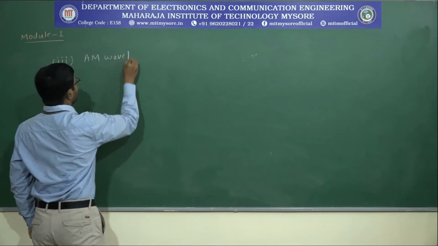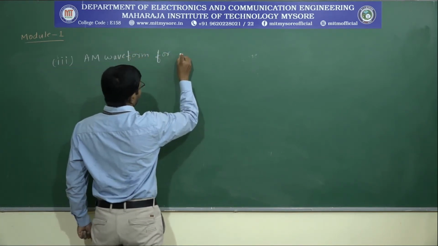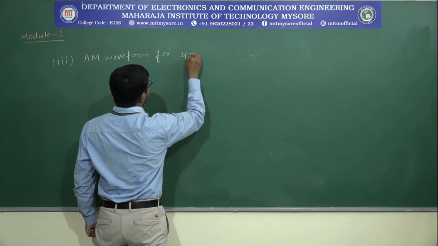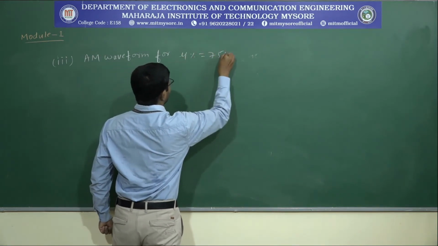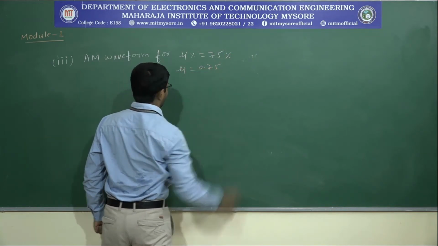AM waveform for modulation index mu percentage equal to 75%, or mu is equal to 0.75.